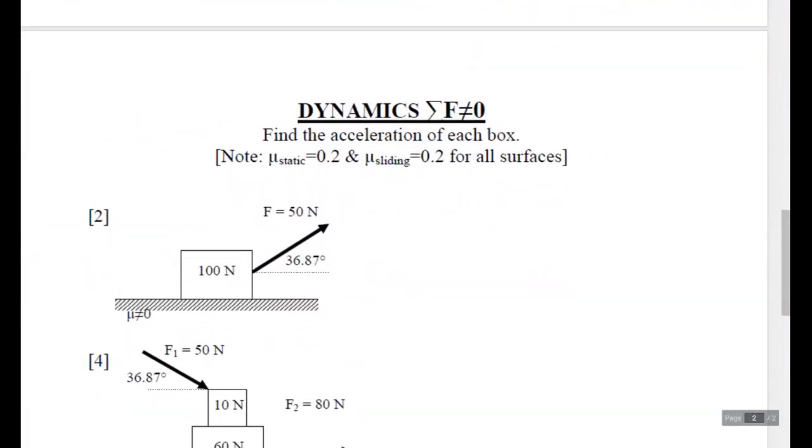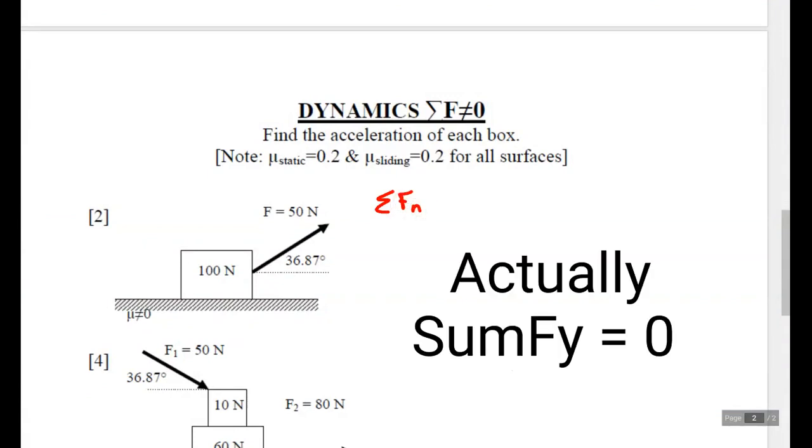These boxes have friction on them, but all we care about right now is the normal force on the box. We have a coordinate system that looks like this. So the up force is equal to the down force. I just see one down force, that's 100 newtons. And I see the up force, of course, would be the normal force.